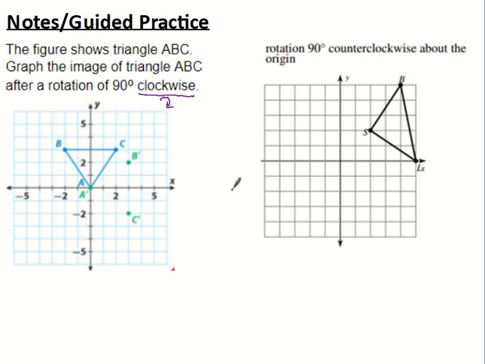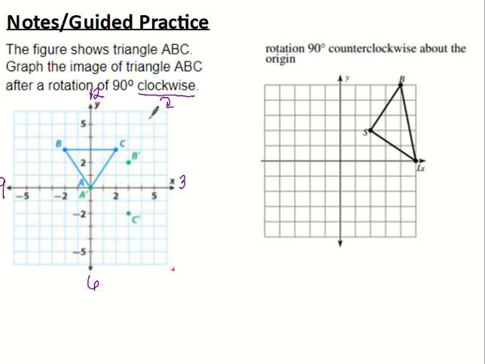We have to think about this as a clock. So this is 12 o'clock, this is 3 o'clock, this is 6 o'clock, and this is 9 o'clock. Clockwise means everything's going to go this way. So if the figure is here, it's going to rotate over here.